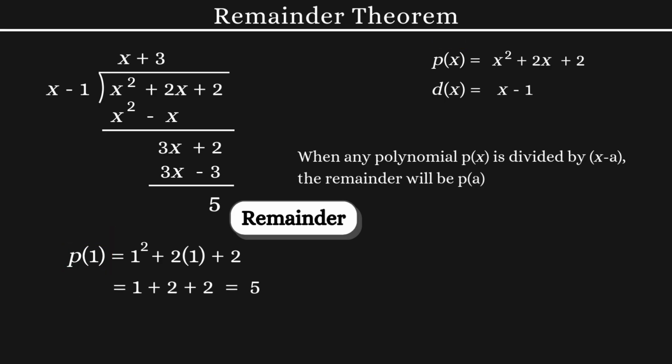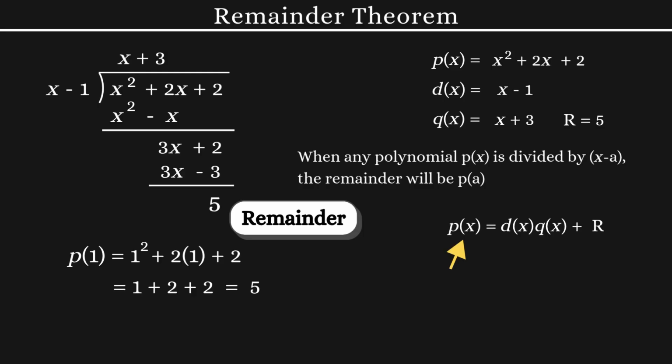From this division, let's note the quotient q of x as x plus 3 and the remainder r is 5. Now listen carefully. When you multiply the divisor and the quotient, d of x into q of x, and then add the remainder to it, plus r, what will result is our original polynomial p of x.